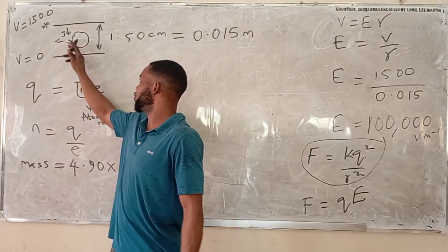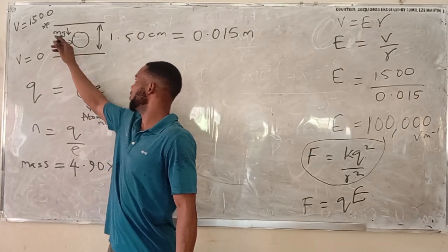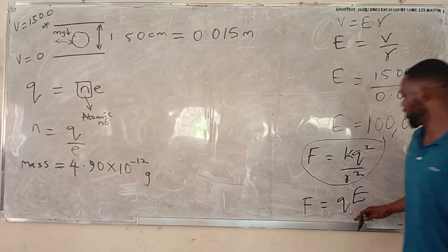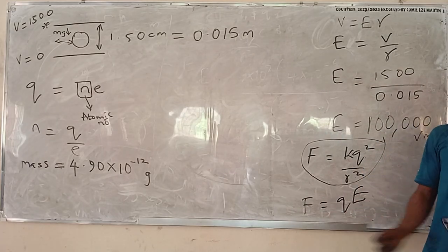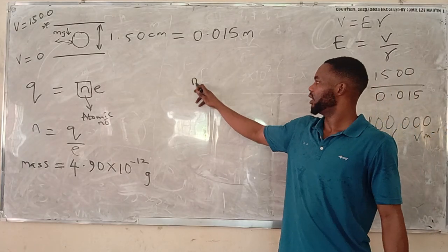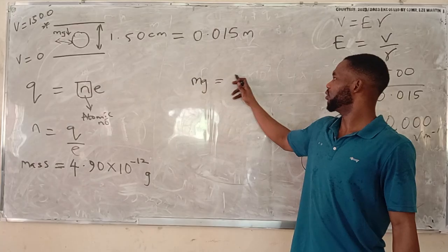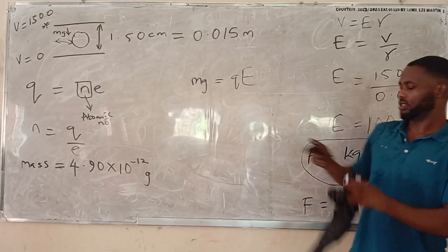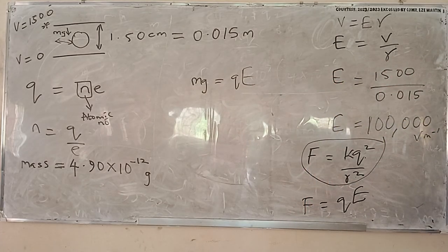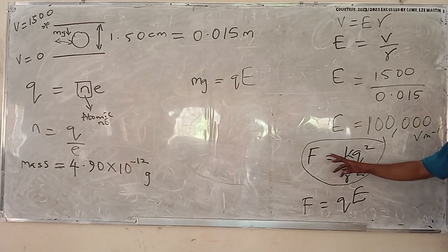So there is g acting on the mass itself. That means for this force I have here, I'm going to have mg equals to QE.